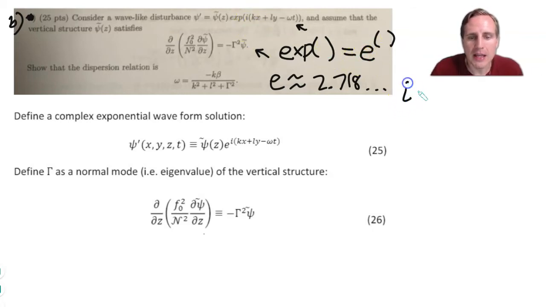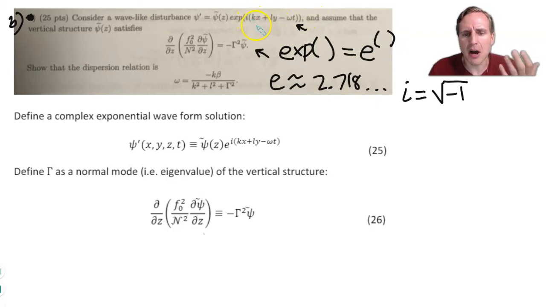Remember that i is equal to the square root of minus 1, so it's the imaginary number. And the question is, why do we raise to this imaginary number with this phase? Well, because when we use a complex exponential, by Euler's formula, we can get cosines and sines, and we can move through not only the real but also the complex plane, and it's just a much more compact way of writing a possible oscillatory wave, namely sines and cosines.